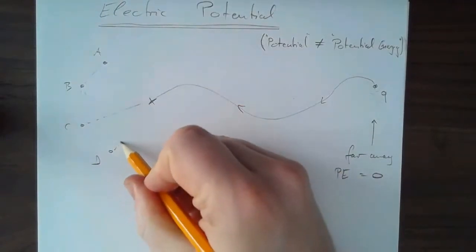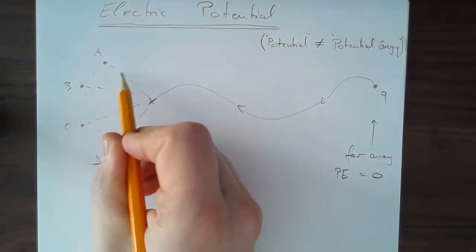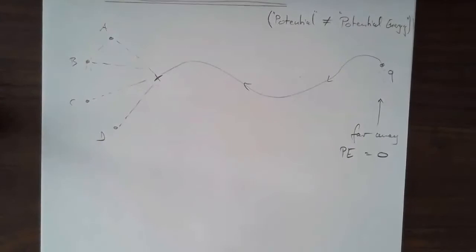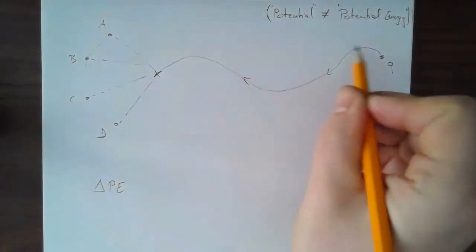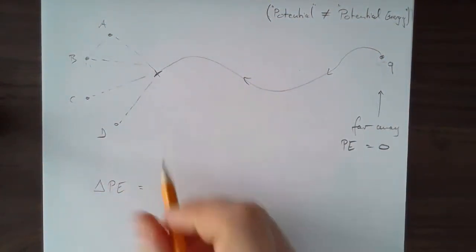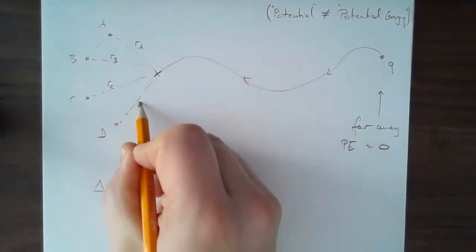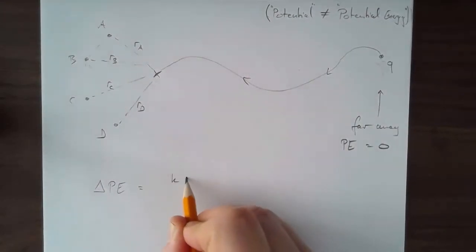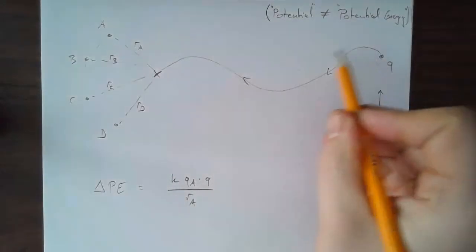The way I'd calculate that is I'll just add up those 4 new interactions. Each of those interacts with the one that I brought here. So the change in potential energy due to moving the charge Q to here, no matter what path I take, with distances RA, RB, RC, and RD, is going to be k Q_A times Q over R_A.